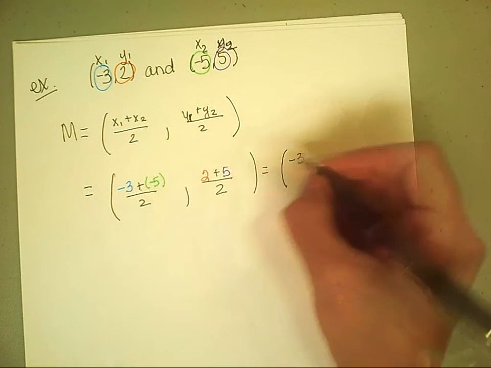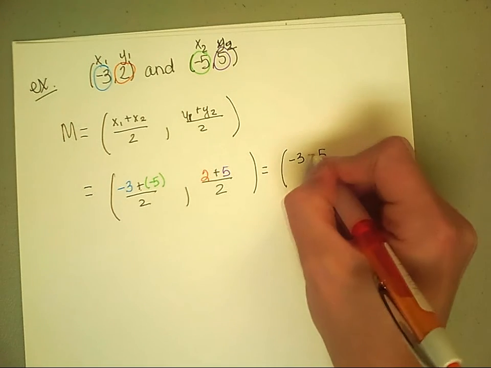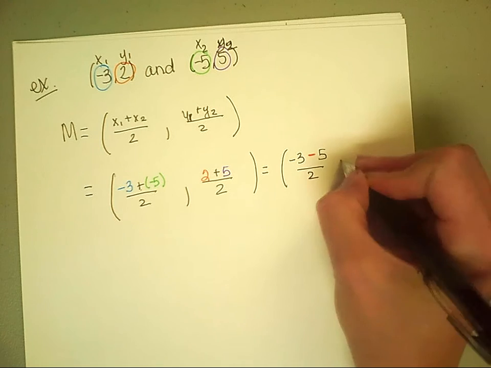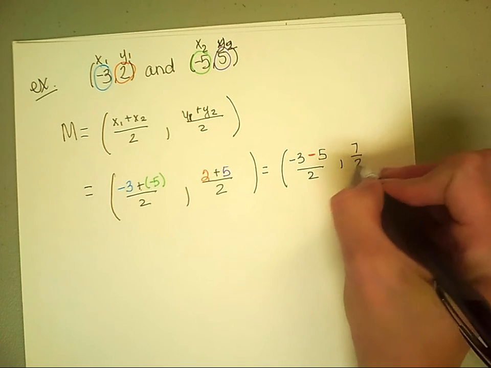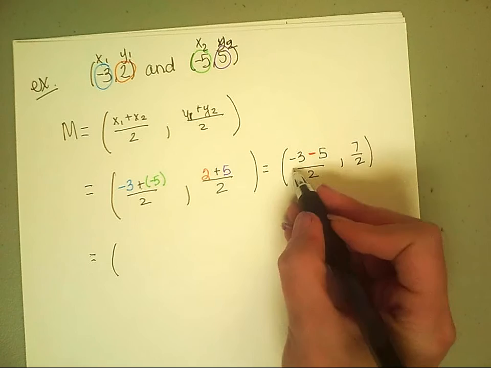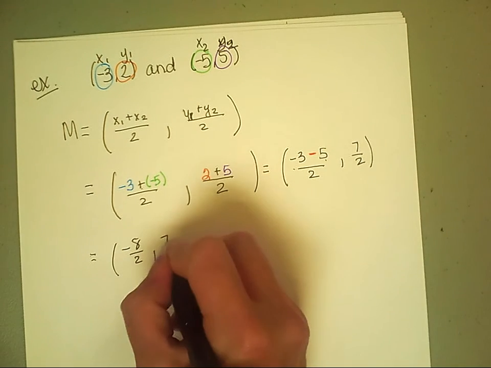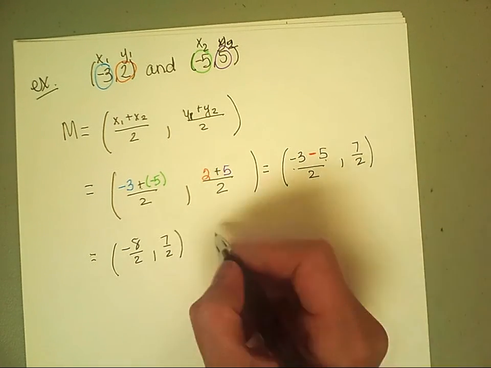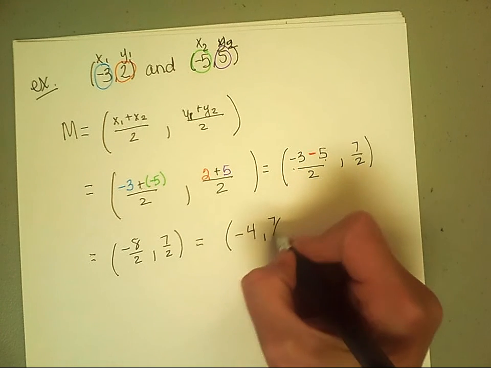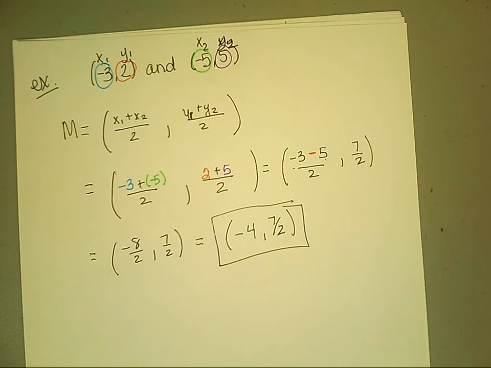So this becomes negative 3, now remember, a negative and a negative become more negative. Okay, so this is negative 3 minus 5 is negative 8 divided by 2, and 2 plus 5 is 7 over 2. So negative 8 divided by 2 is negative 4, comma, 7 halves. So this is our midpoint.